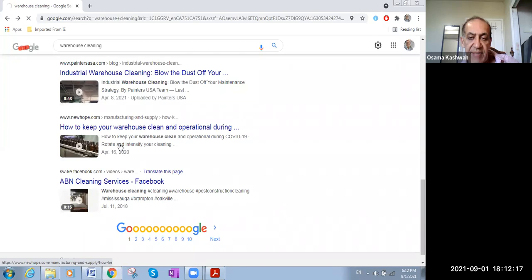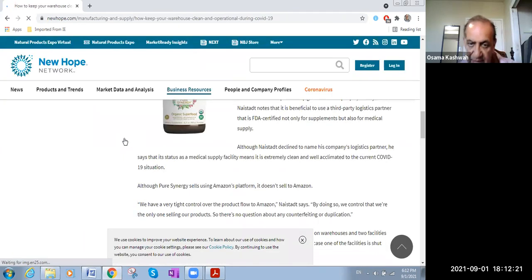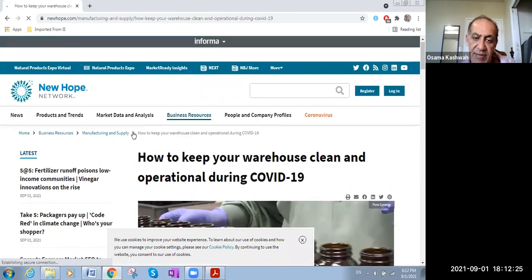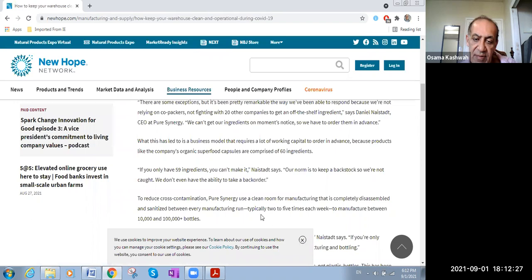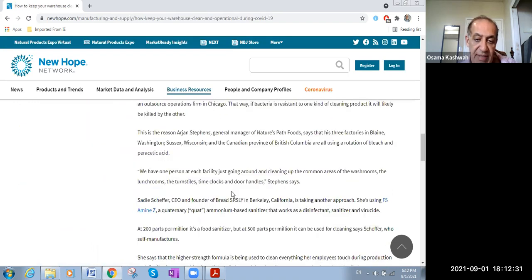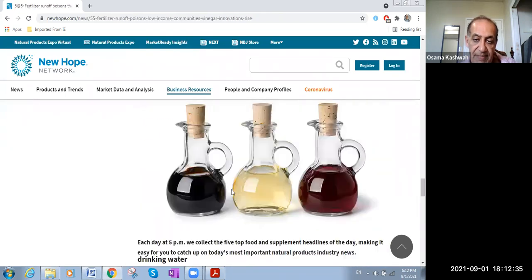COVID-19 increased the problem and increased the need for the warehouse to be clean. You need your warehouse to be clean.